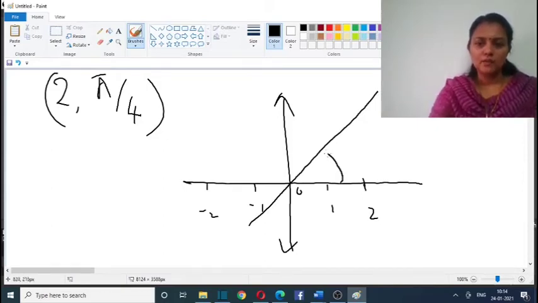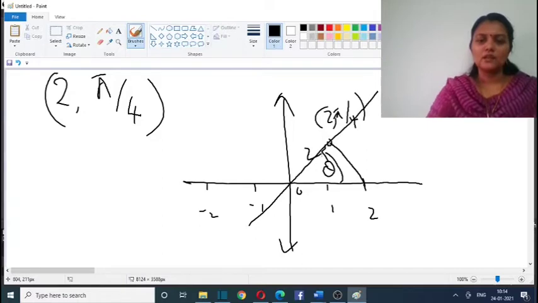The angle from the origin is pi by 4, and the distance from the origin is 2. So this is the point (2, pi by 4).